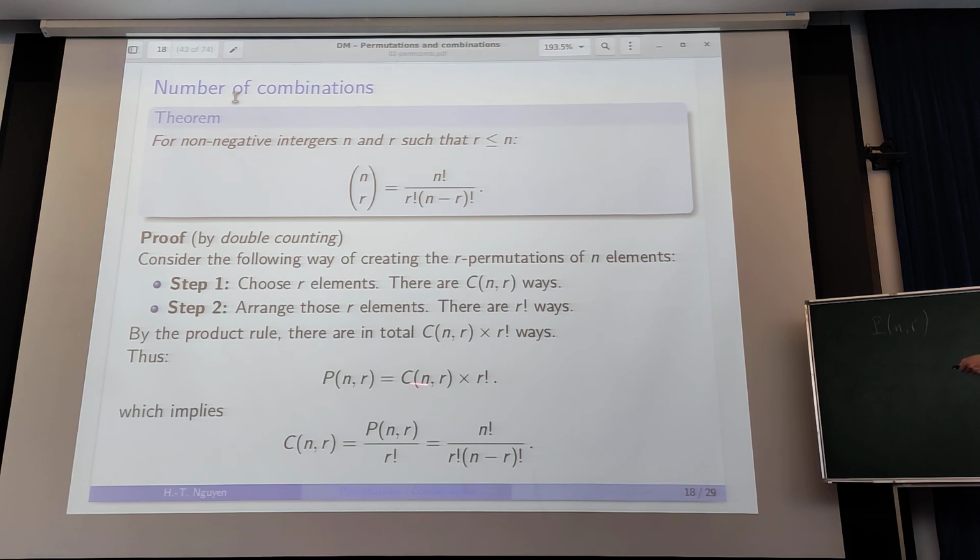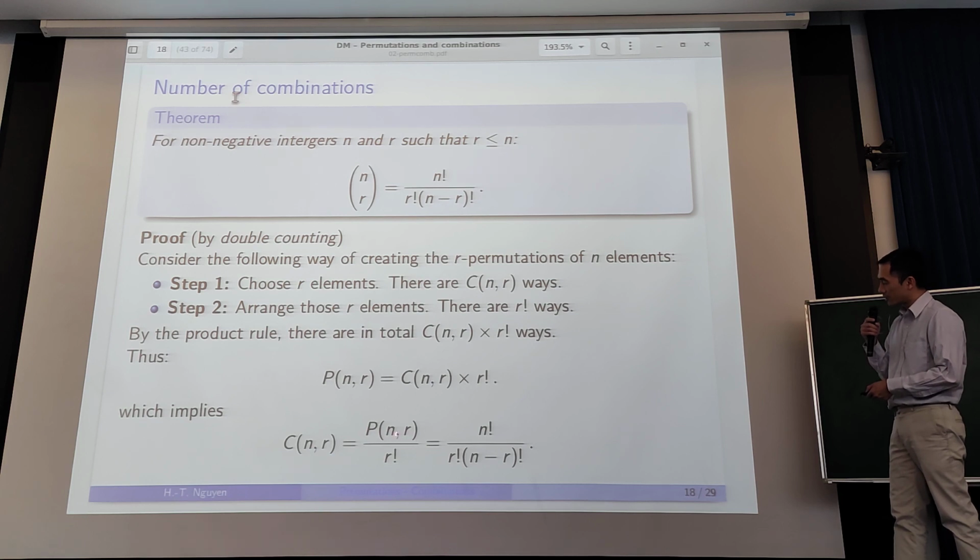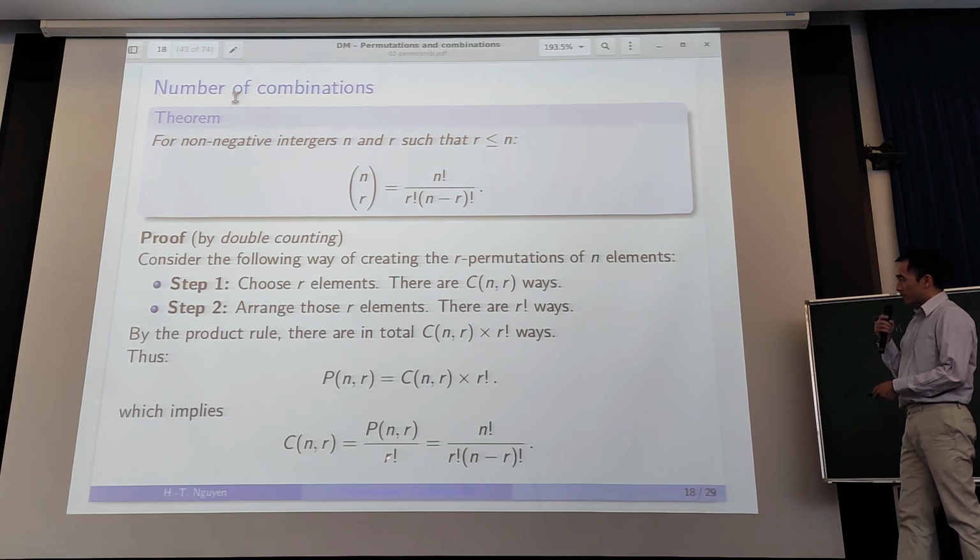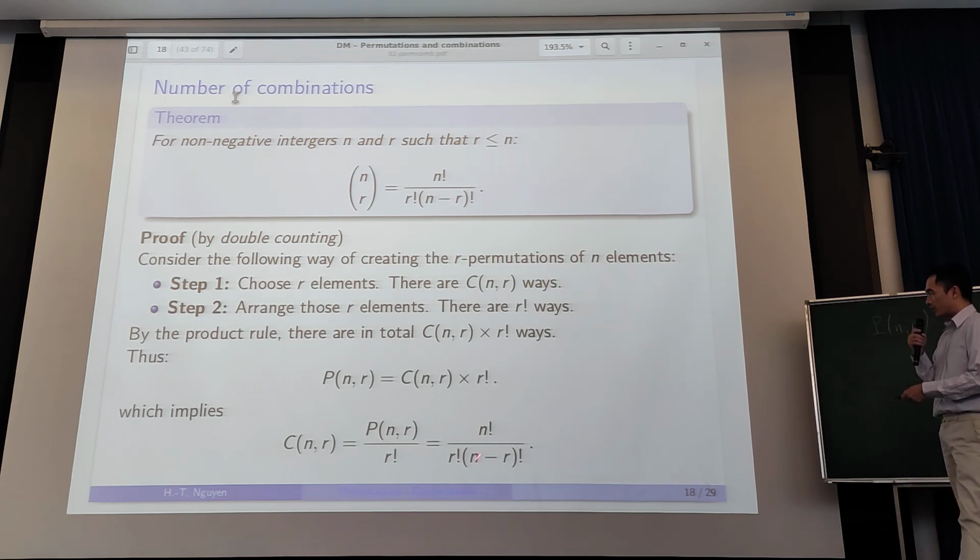So we have this equality, and now we can divide both sides by r factorial, and we change sides, so we get n choose r is equal to the number of r permutations of n divided by r factorial, and we plug the formula for r permutations here and get this.